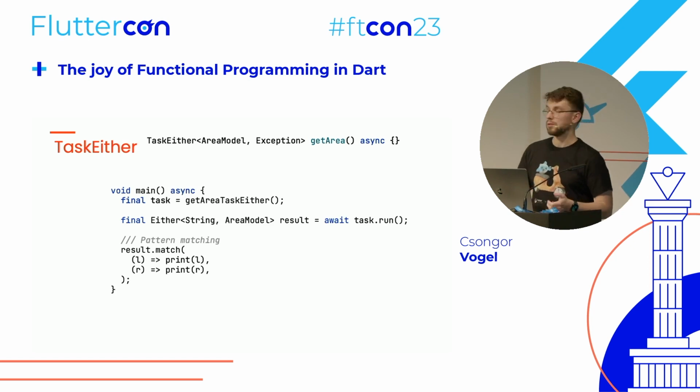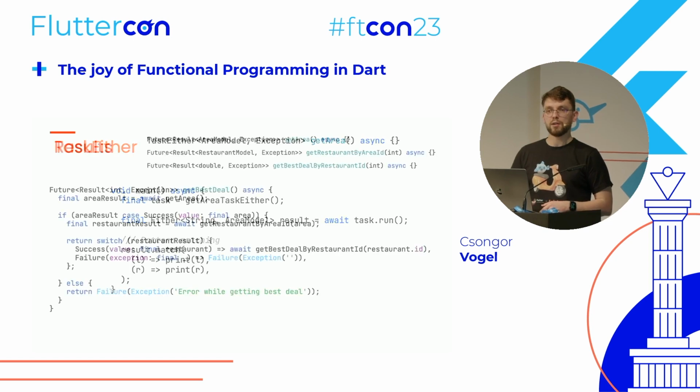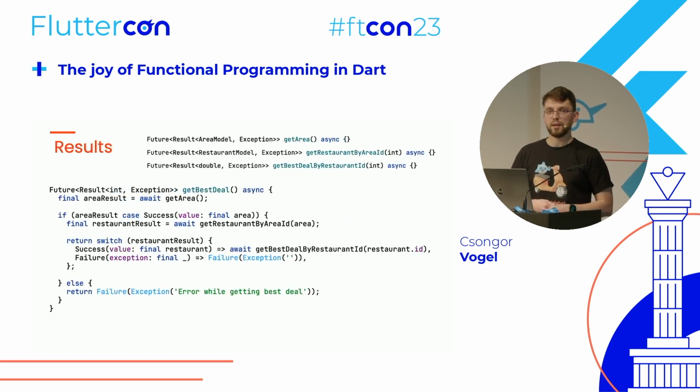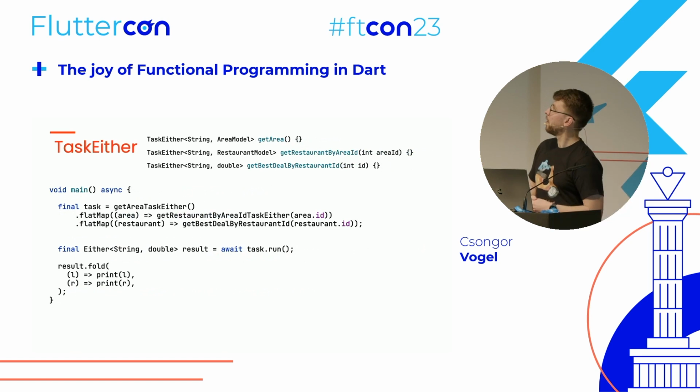After that, we can still reuse the pattern matching we are used to. Going back to our main problem and our main blockers that we faced previously by using the Results, by adopting the TaskEither, in this case, we are able to reduce the implementation to this. As we see, we received a much more readable implementation.